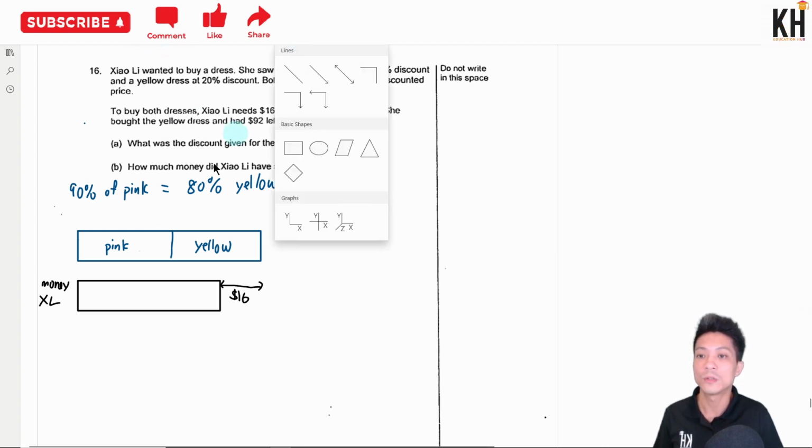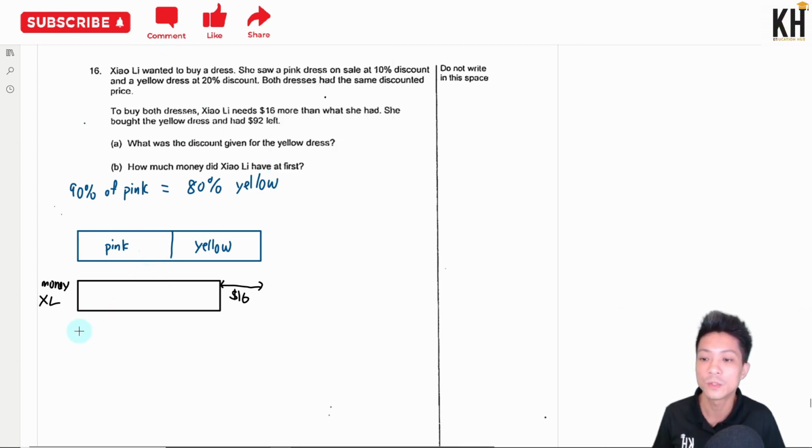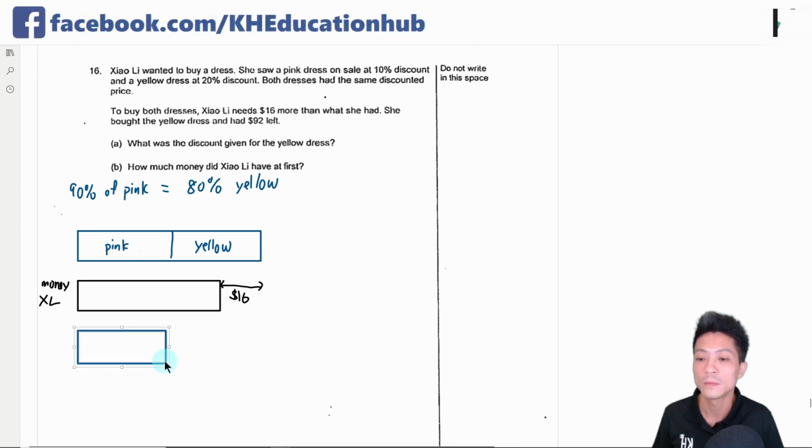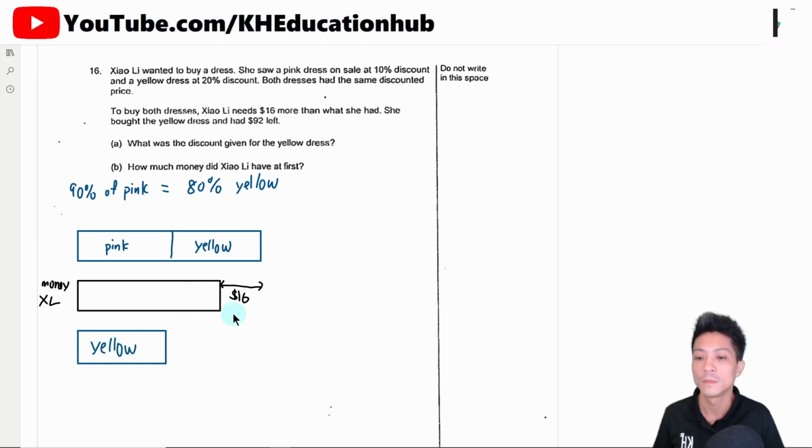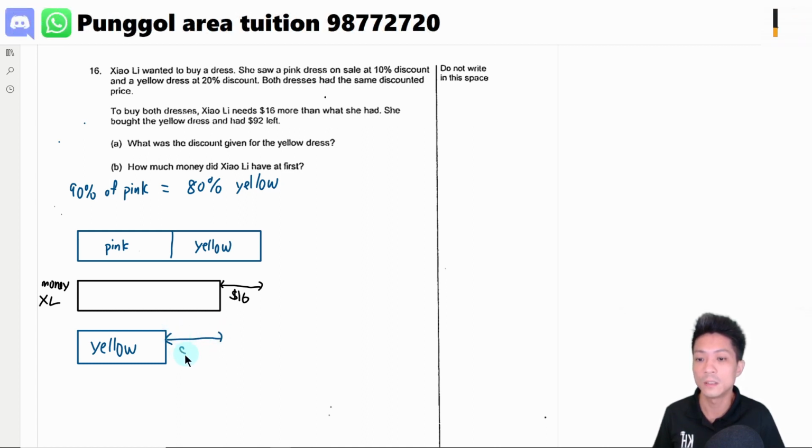So I'm gonna draw another bar here, which represents the yellow. Okay, and so here to here will be the $92 left.